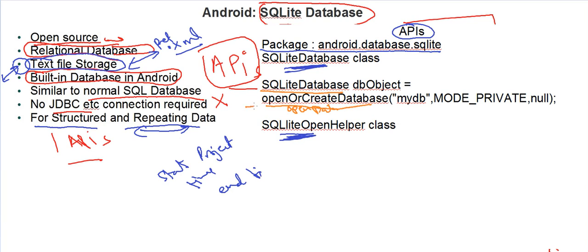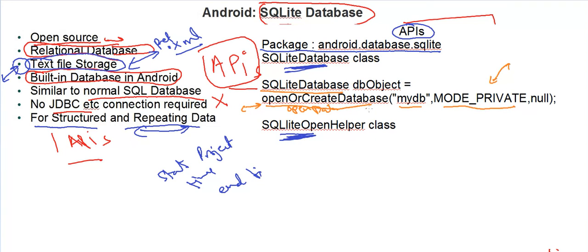But if we use the method openOrCreateDatabase, here we provide the database name, any name, my database, employee database, or contract database, or calling app database. We have to provide a string name here, and this is the mode private, just like we had modes for the shared preferences. This mode private means that this database is only going to be used by the app that is creating it.